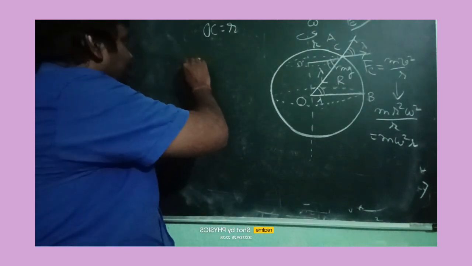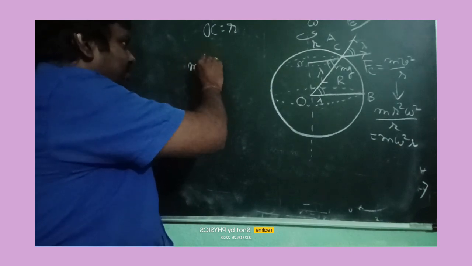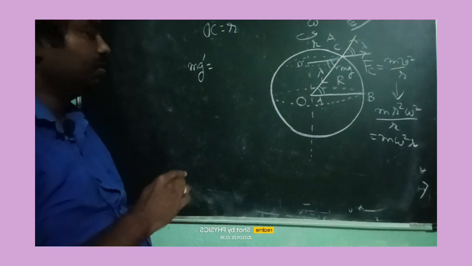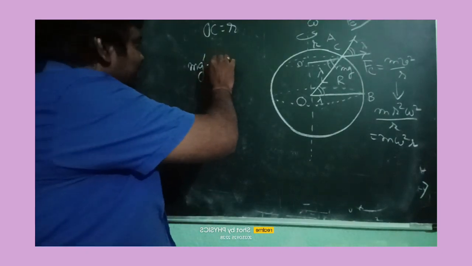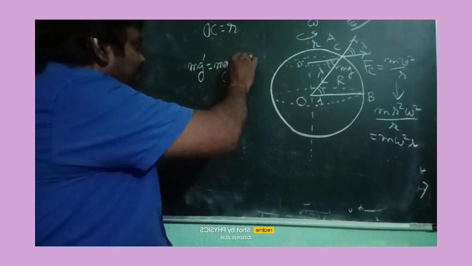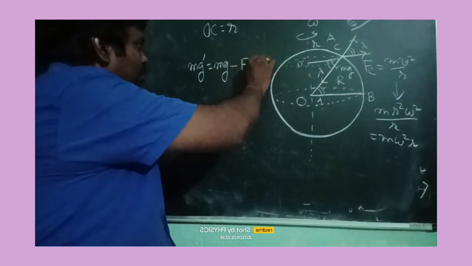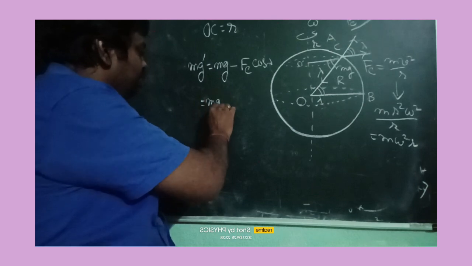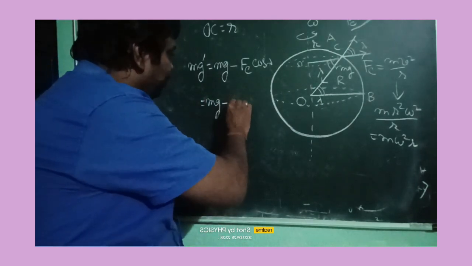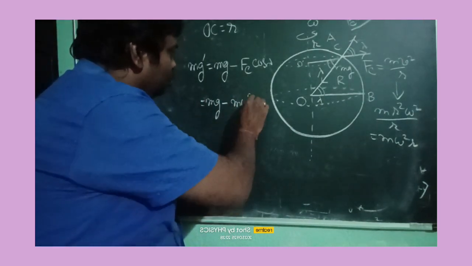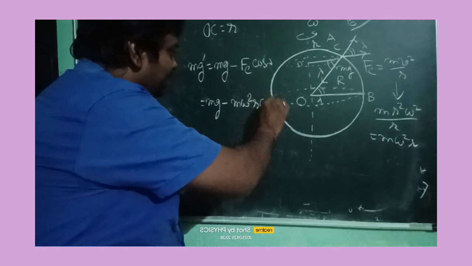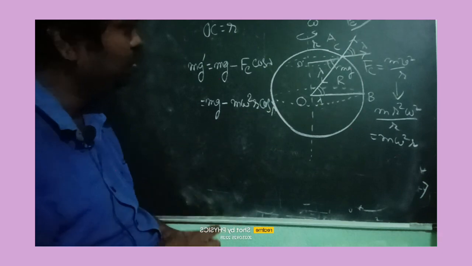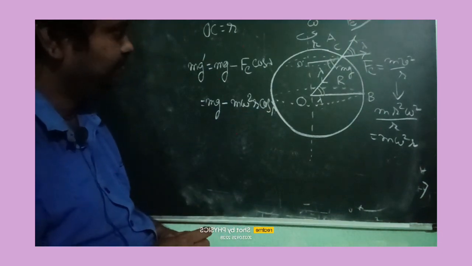We have mg dashed, where g dashed is the acceleration due to gravity at the point C. So mg dashed is equal to mg minus Fc cos lambda, that is equal to mg minus m omega square r cos lambda.